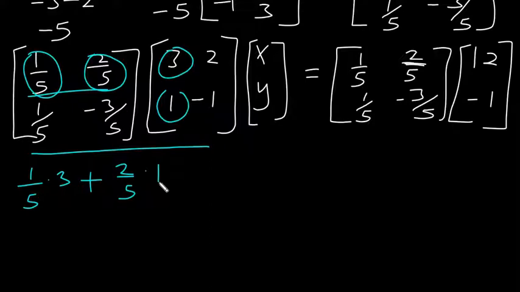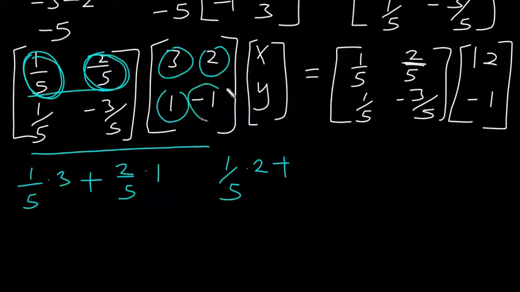Then for this other one, we're going to have a fifth multiplied by 2, and then we add 2/5 multiplied by -1.